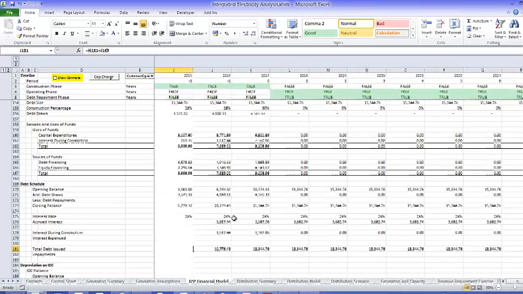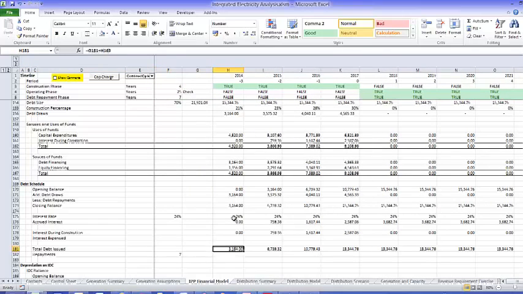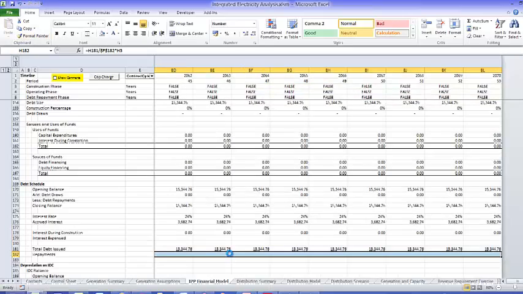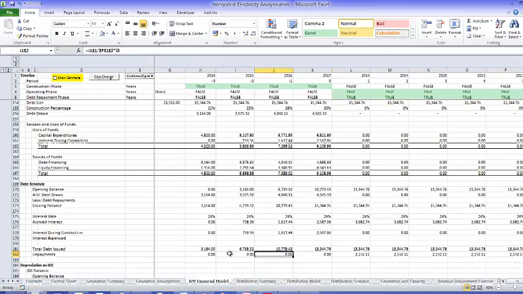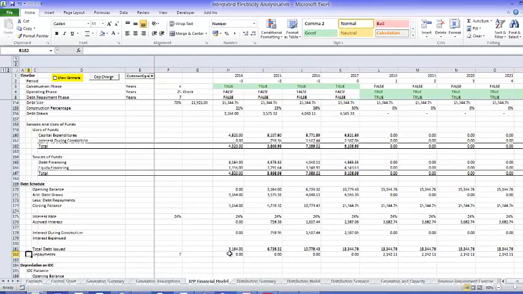So after the construction period, it just stops. And then we can take this total debt issued and divide it by the 7, press F4 on that, and multiply that by our debt percentage, and then we have the repayments over the 7 years.